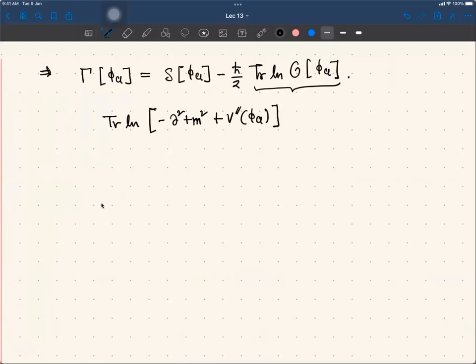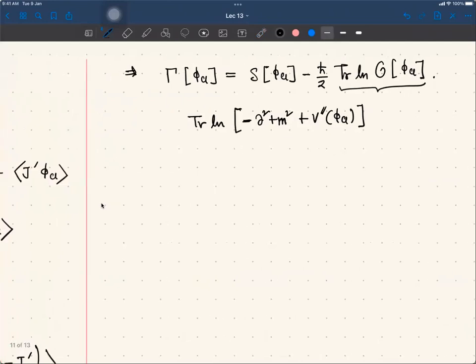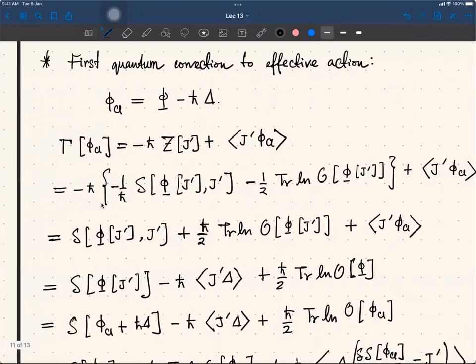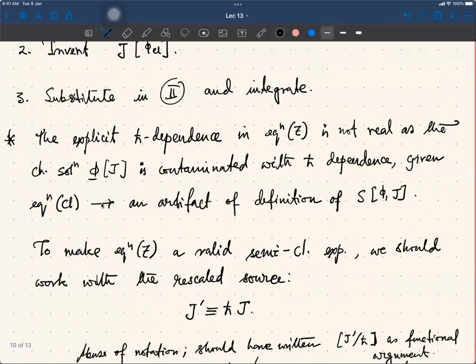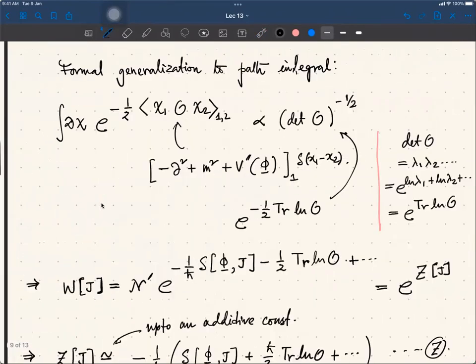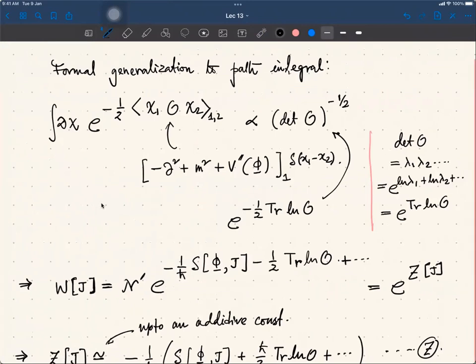Earlier we wrote a delta function, delta of x1 minus x2. Let me explain my notation here. Earlier O was written in this way. This is the expression for O. This is the differential operator, and this is delta of x1 minus x2.